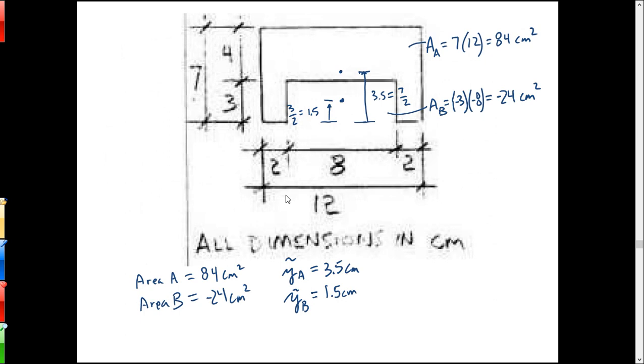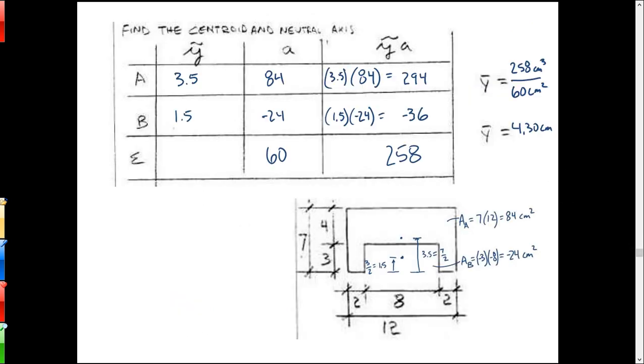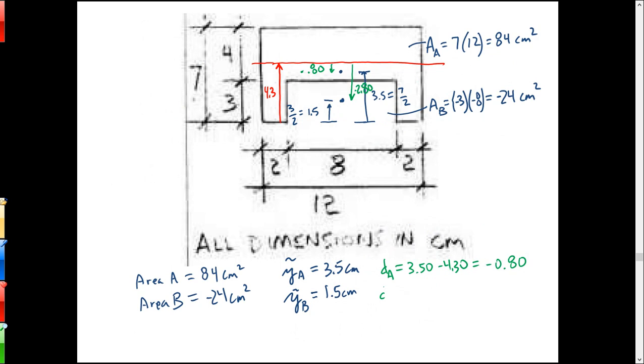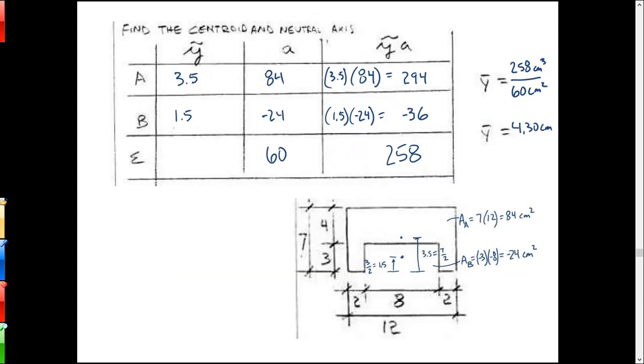So the entire object is 7 by 12, which is 84. The cutout is 3 by 8, which is negative. And I put signs in there for the 3 and the 8. I actually think it'd probably be better, more representative of what you're really doing here to, where am I here? Here we go.